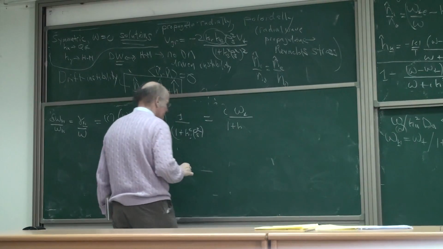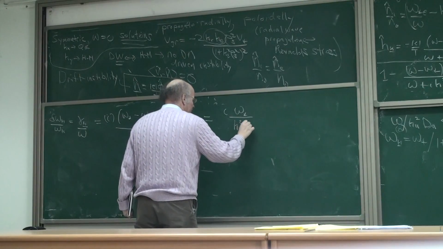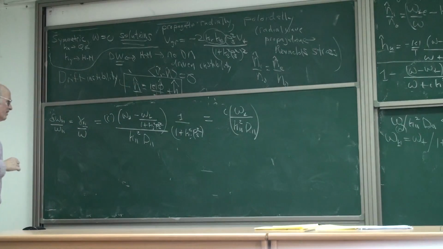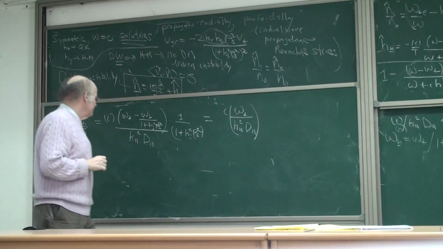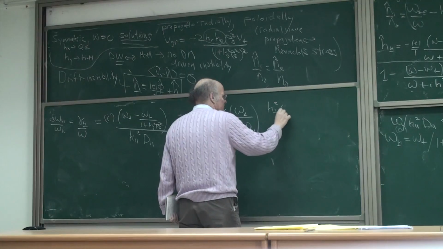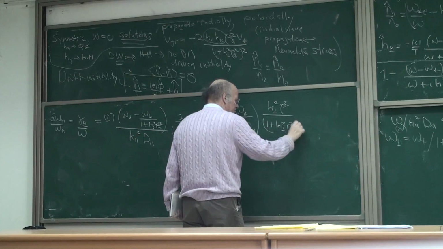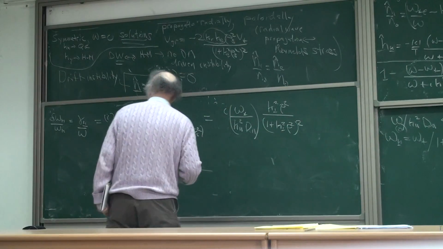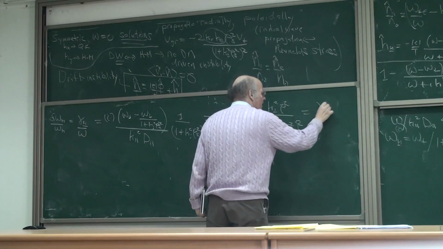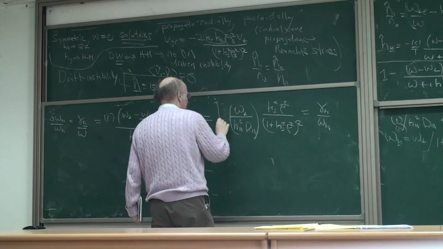And we can kind of regroup the whole thing as i times omega star over 1 plus i times omega star over k parallel squared D parallel. So there's our effective. And then we have various factors related to growth. So we have something like k perp rho squared over 1 plus k perp squared rho squared quantity squared. And there, we don't need the i and the gamma here.